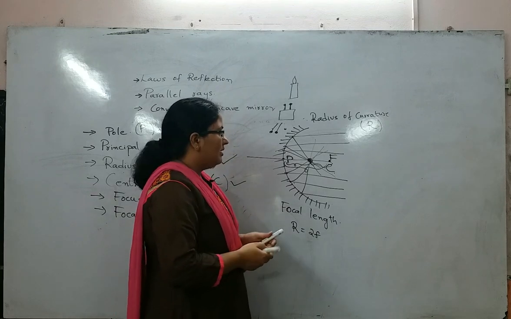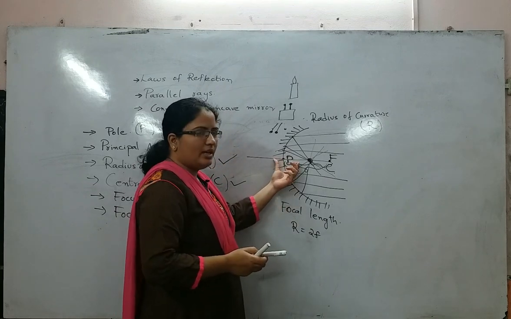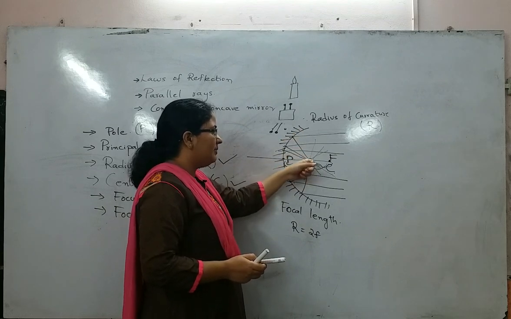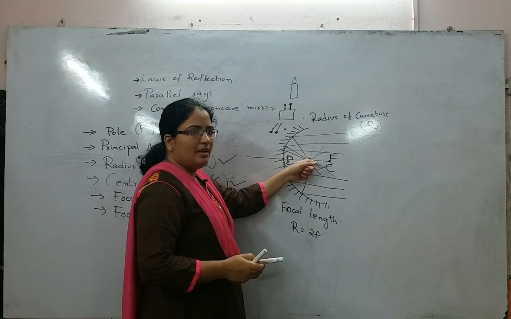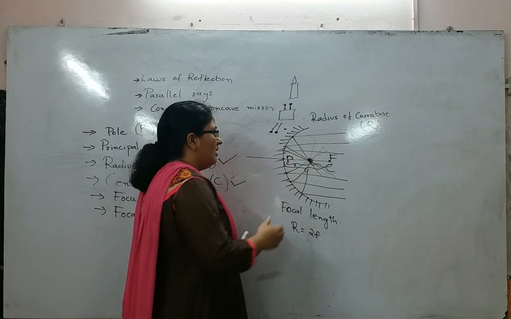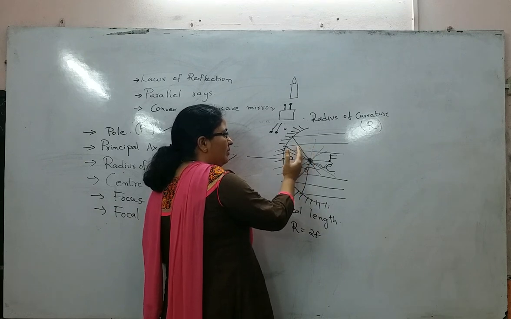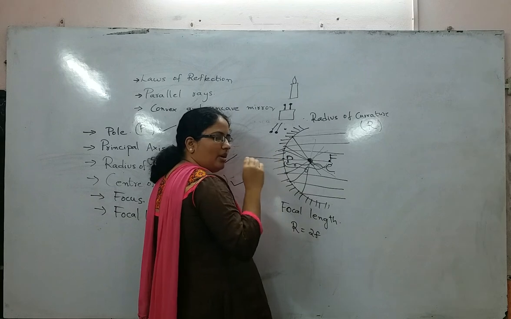So, now you understood what focal length is. This point is called the point of focus, where all the reflected rays meet. If you keep a paper here, you will get a clear bright spot, that is the image of the sun. If you take the paper towards P, you will get a smaller image.